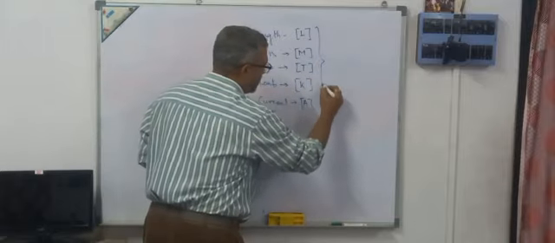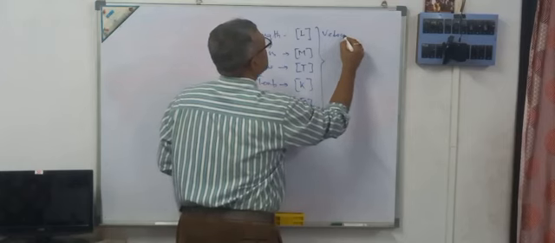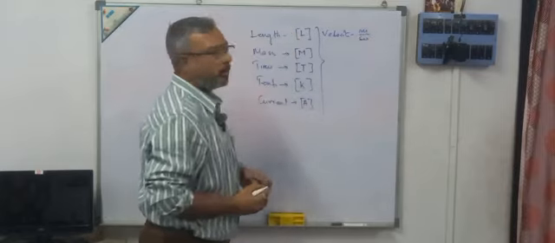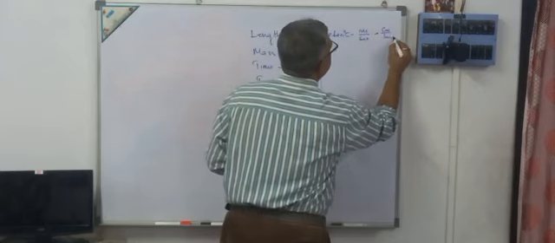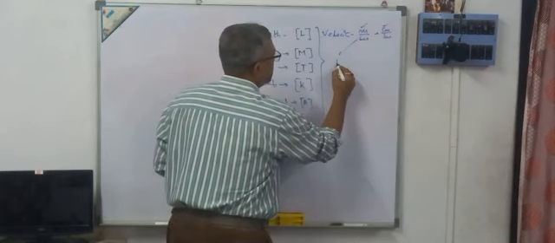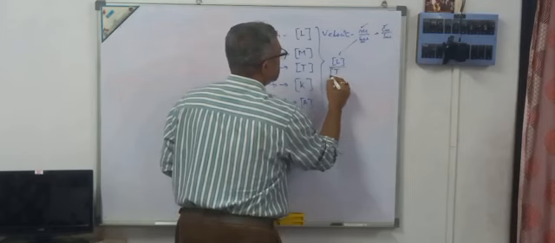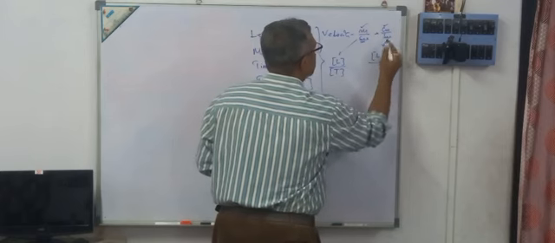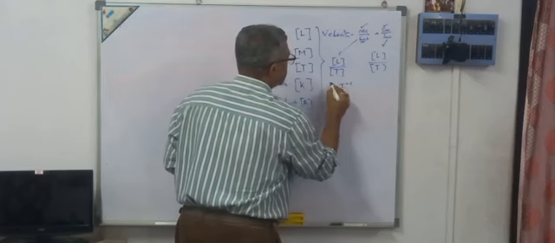So let us start with a simple example like velocity. The unit is meter by second, or somebody may write centimeter by second. So meter or centimeter, whatever you want to write, the dimension will be L. If you have written second, it is T. For this part also it will be centimeter L and second T. So it is L T to the power minus 1.